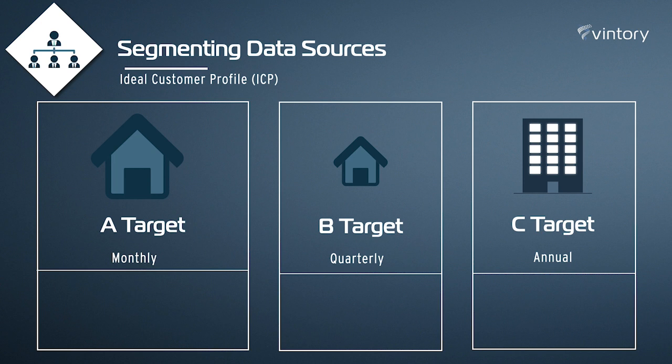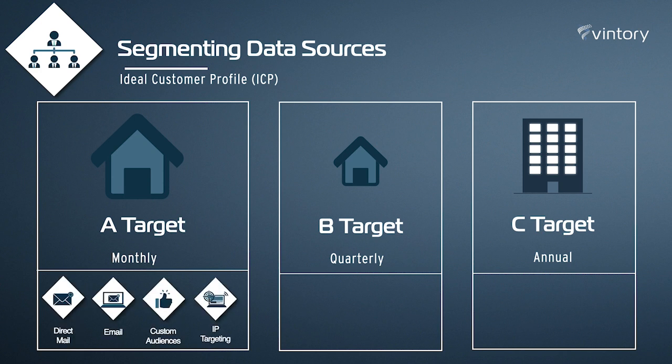Well, that is often the case. It's not always. Some cases, you may have a niche. Maybe your niche is very specific communities or condo buildings or certain style homes. So we usually recommend hitting these A targets in a high volume cadence, like monthly. And your B targets we usually recommend hitting on a quarterly cadence. And then your C targets we recommend usually hitting once, maybe twice a year.